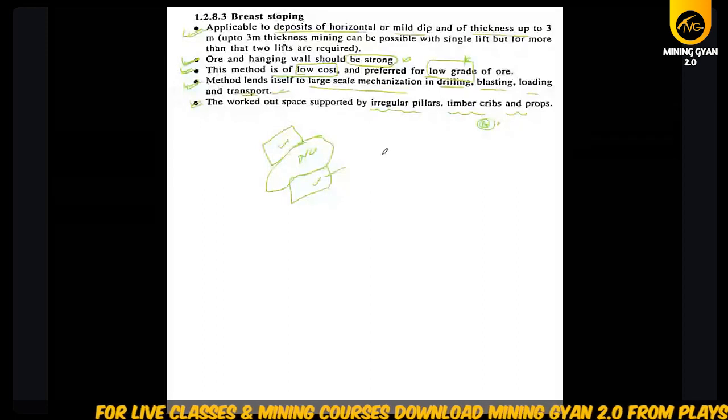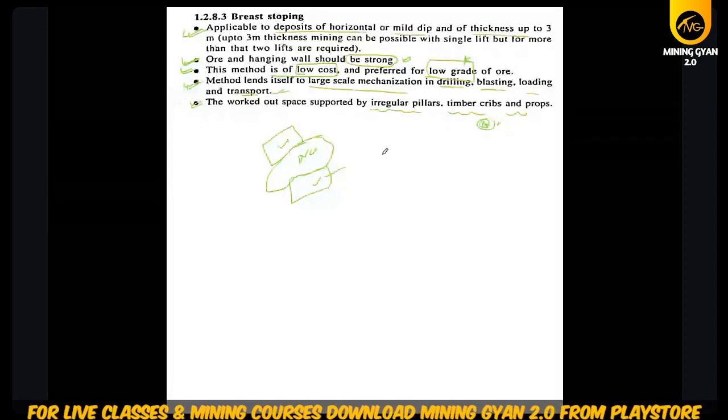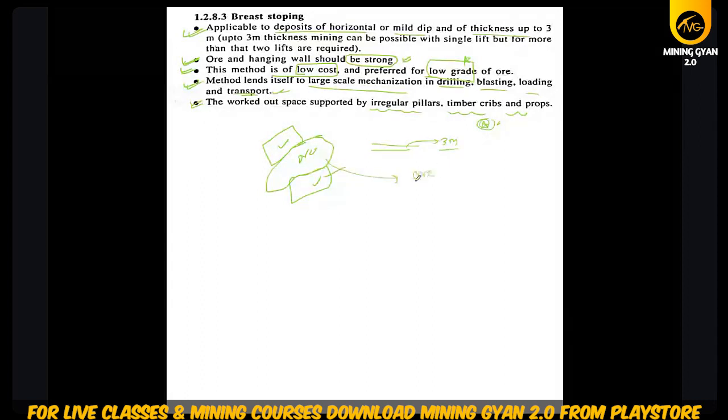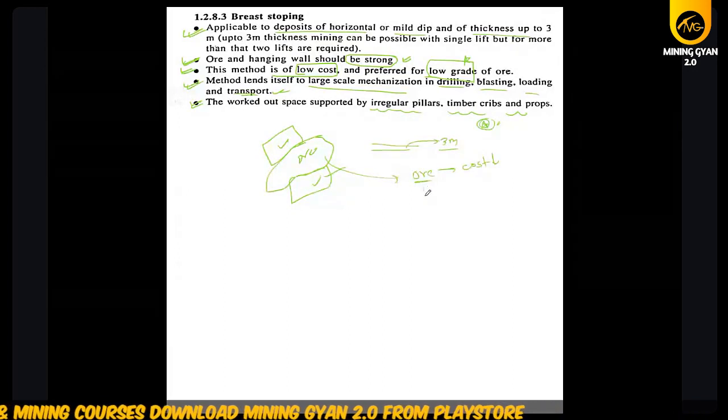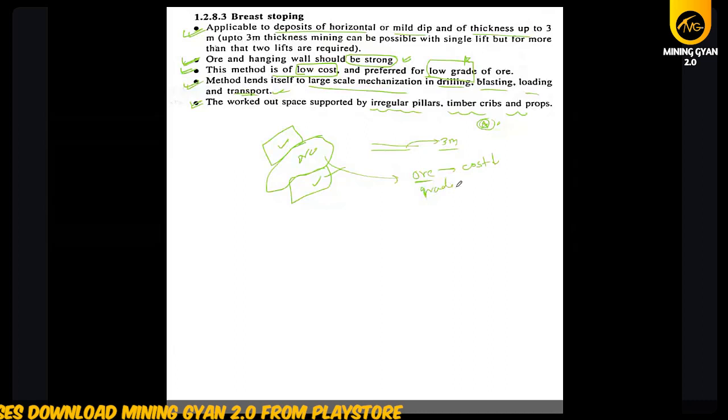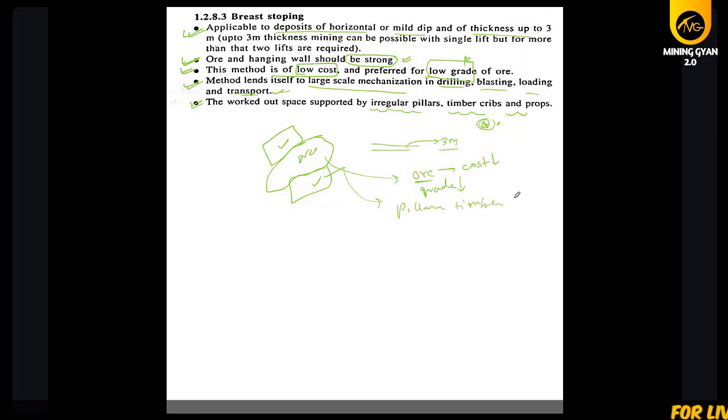Then the horizontal and mild dip, the thickness up to 3 meter, and cost बहुत कम होगी, low cost, grade कम होगी, and help with the pillar, timber and ropes. Okay, these are the 4 to 5 points.